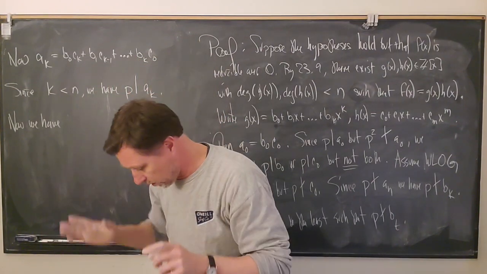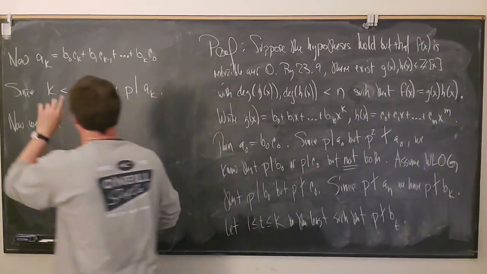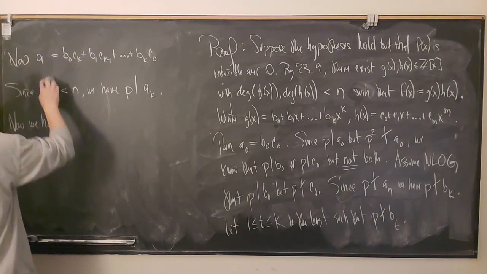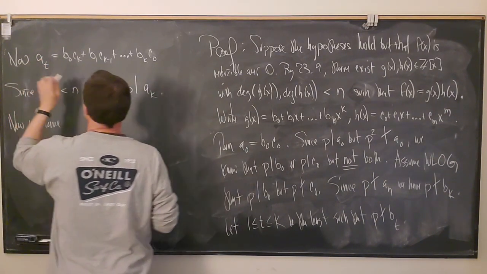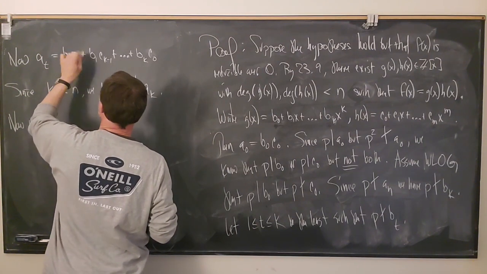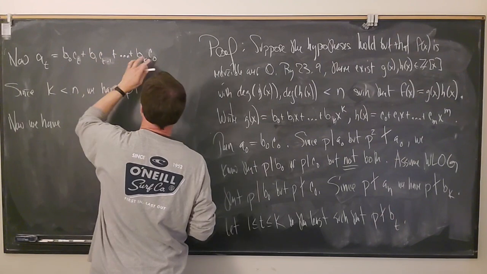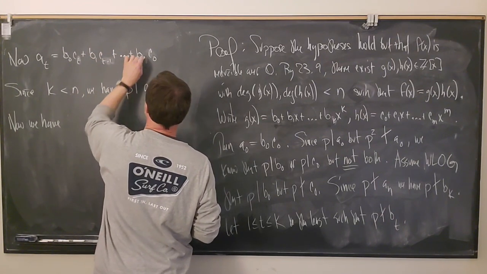Oh, I'm sorry. I don't want to look at a sub k. I want to look at a sub t. So that's going to be a sub t. I'm sorry, you're going to have to change all of this stuff. And that's a t right there.